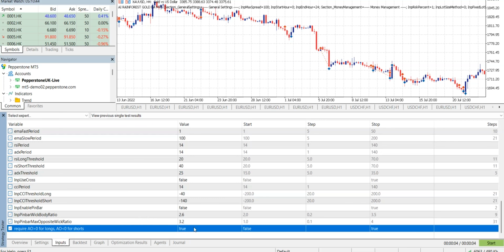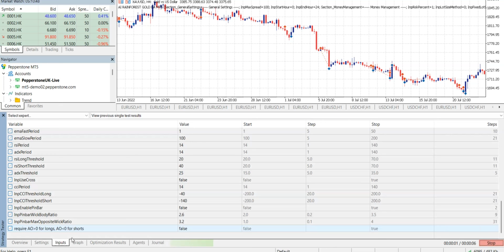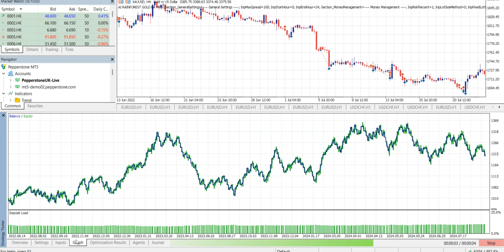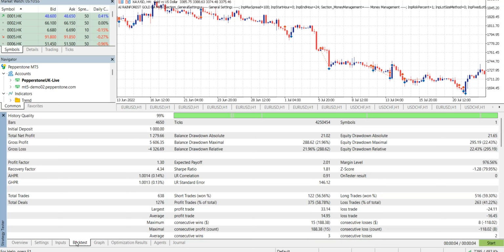Okay, now we are going to compare these with a run without the awesome oscillator. In this case, without the awesome oscillator, we have less profit, we have more drawdown, we have a lower win rate, we have more trades, of course, because the awesome oscillator filter is not there.